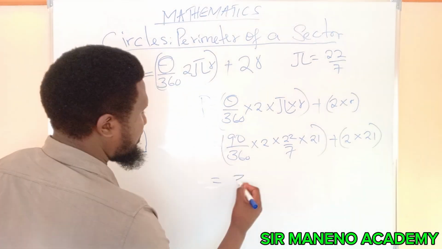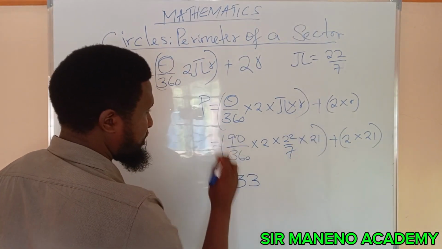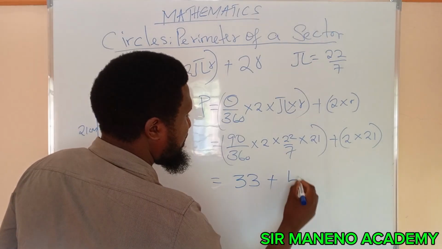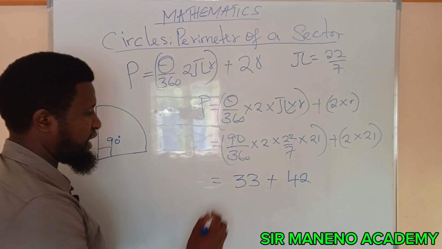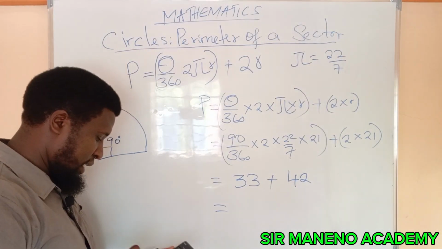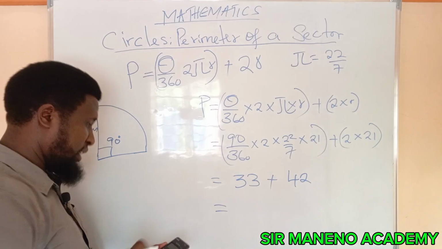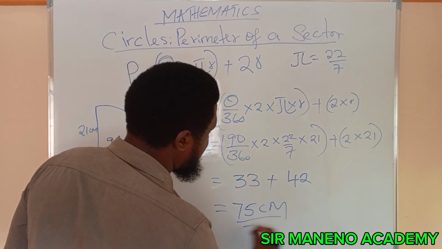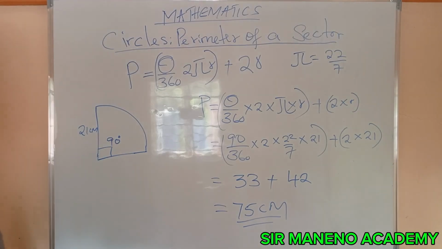This gives you 33. Then we have plus 2 times 21, which is 42. So 33 plus 42 is 75 centimeters. Always put units.